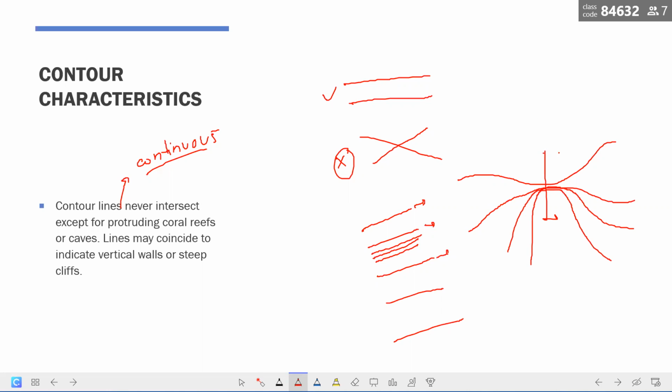So if we take a section in that direction, then perhaps the land formation is somewhat like that, like so. Where this part here is the vertical wall.